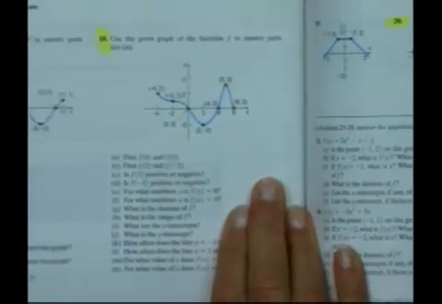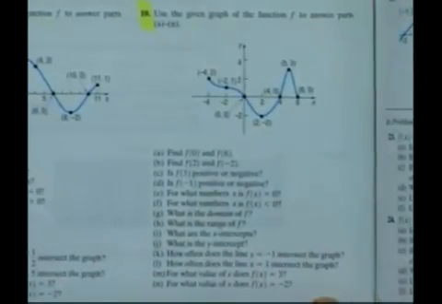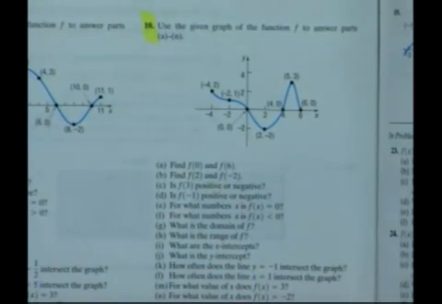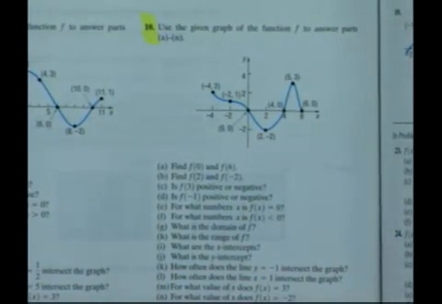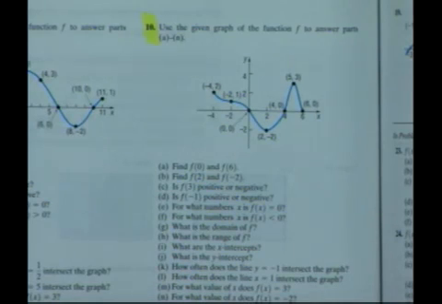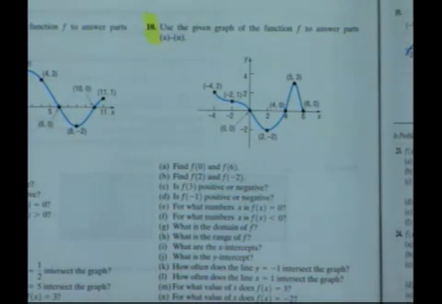It's just pure communication. So we're going to look at problem number 10 on page 224. Is that good? Communication is our big objective here. What is the question asking, and then how do we look at the graph and answer the question?